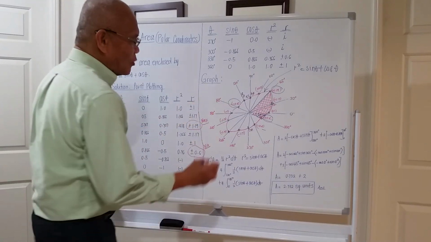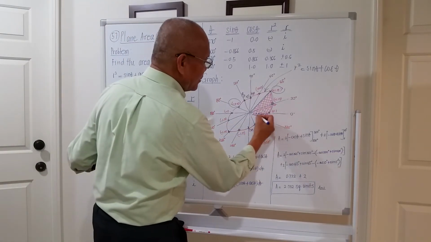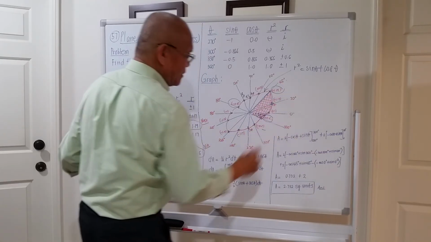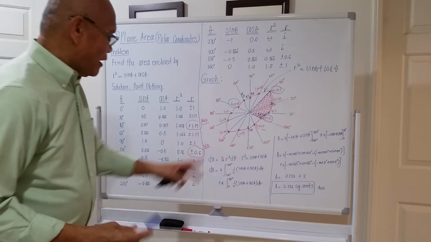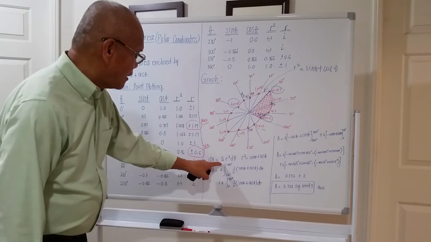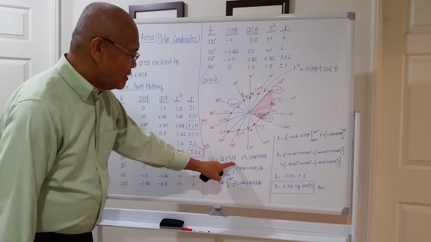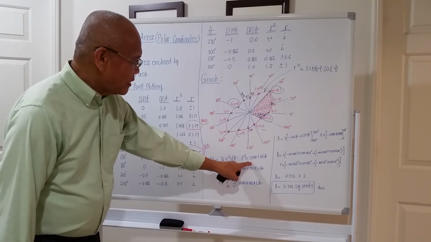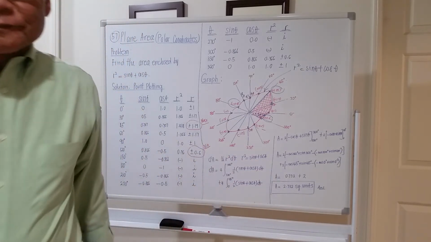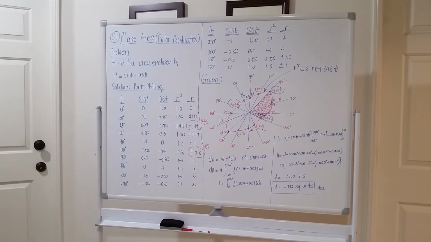The second area will be from 0 to 45 degrees. The next one, the bigger one. So if we try to bring out the differential area under polar, it is 1/2 of r squared differential theta. But r squared is actually sine theta plus cosine of theta. Okay? Right?